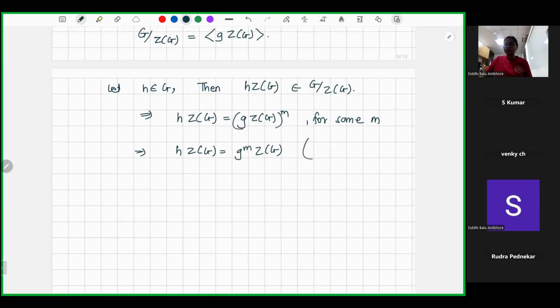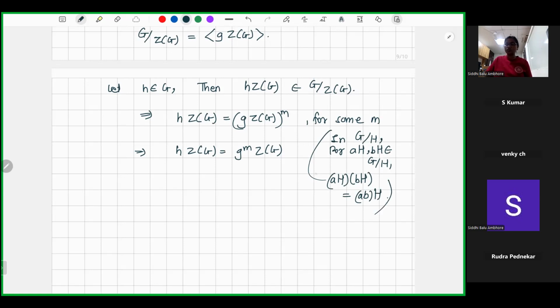I mean, in quotients, AH, BH, let me write here, in G mod H, AH, comma BH in G mod H. AH into BH is ABH.